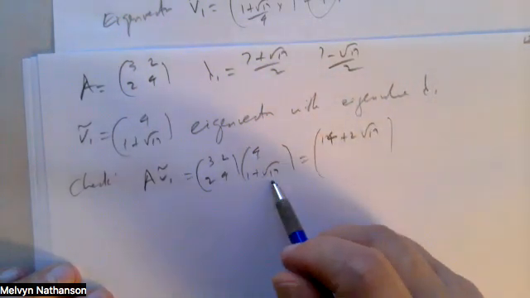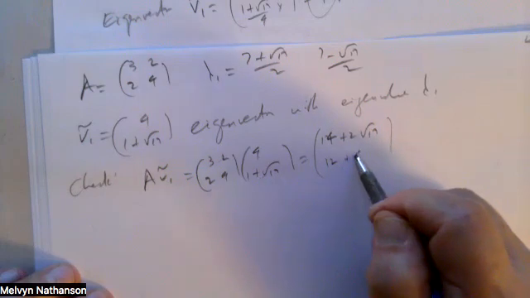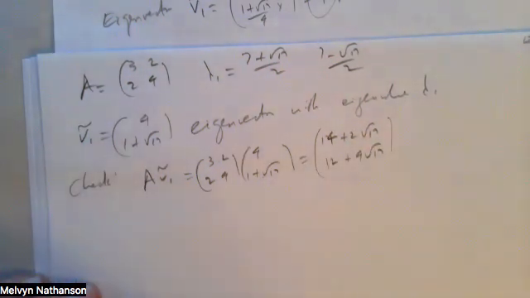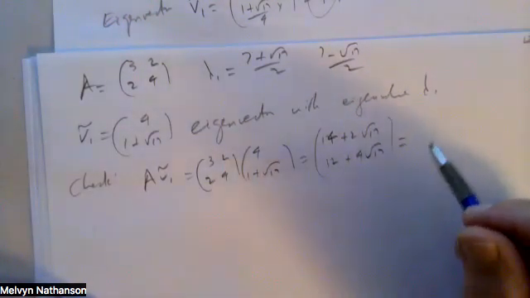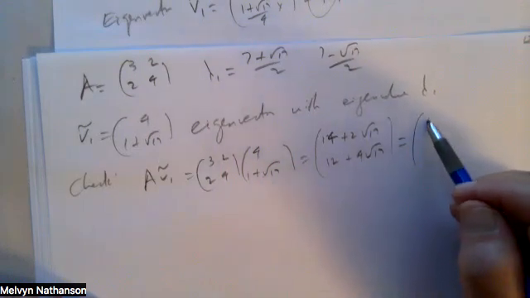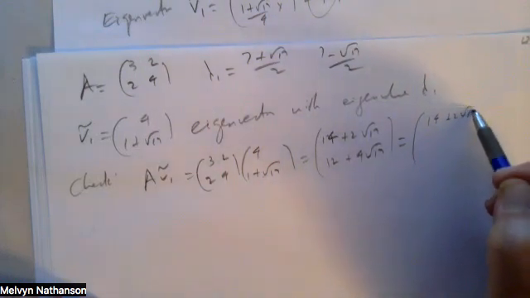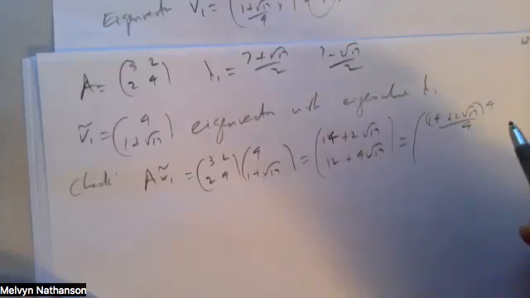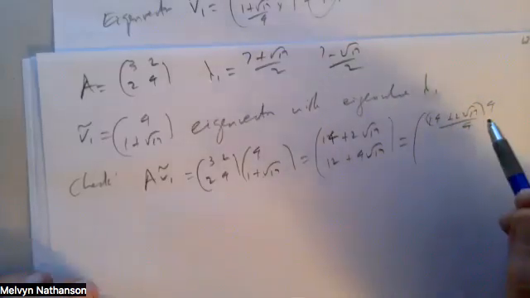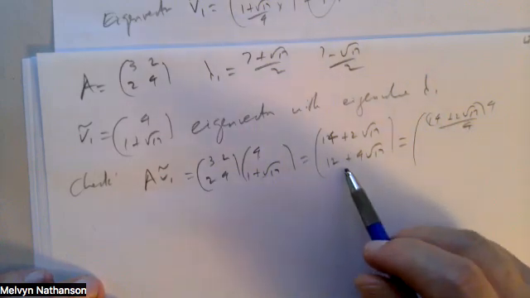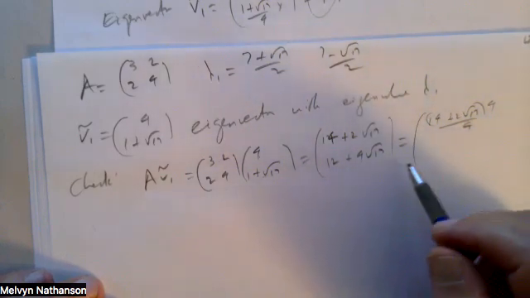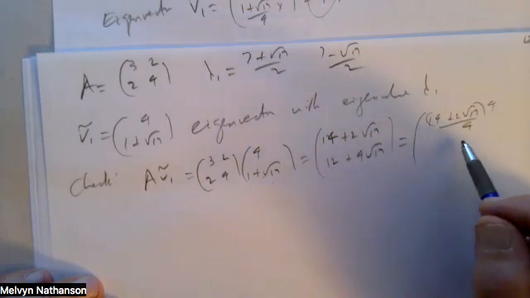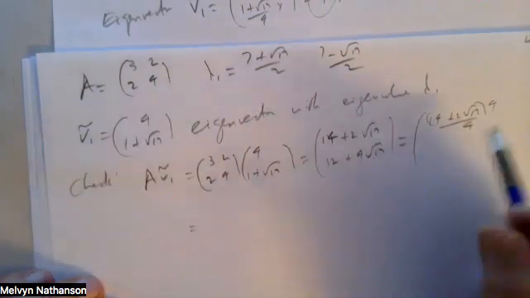And 8 plus 4 times this is 12, plus 4 root 17. Let's see, what is that? I have 14 plus 2 root 17. If I multiply and divide by 4, it's the same thing. And here I have 12 plus 4 root 17.